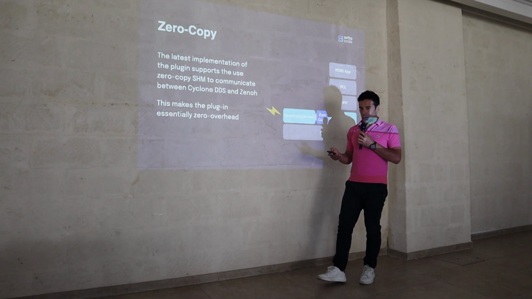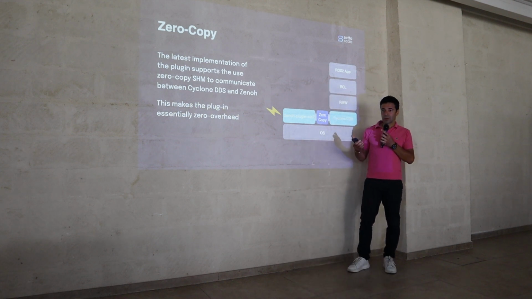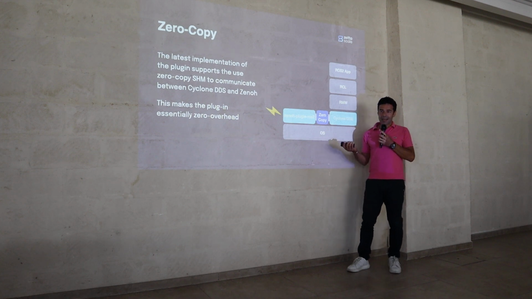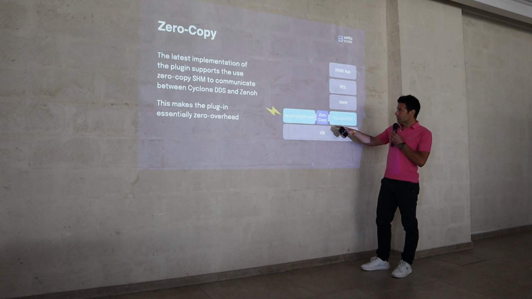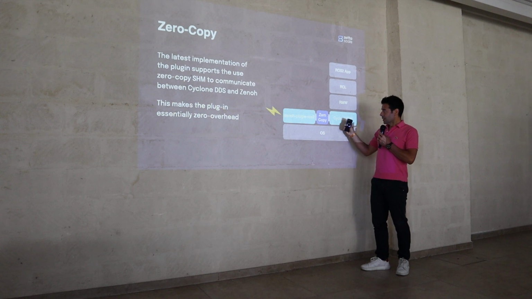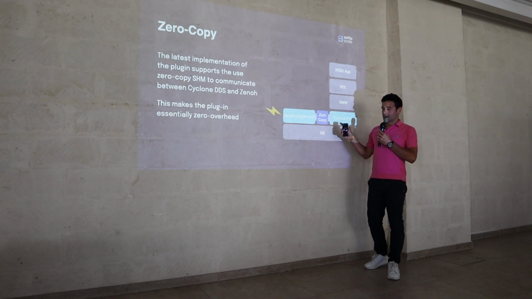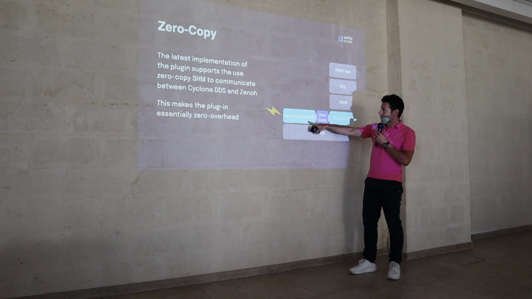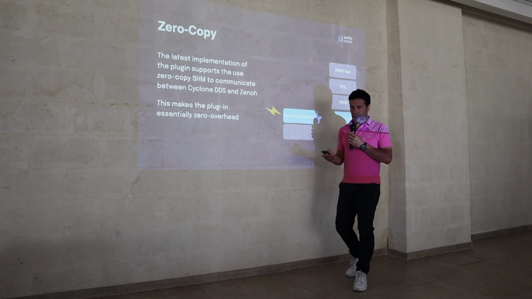And so, in order to provide you the ability of, first of all, reducing the latency when you are sharing large data, suppose you are sharing images from time to time, and reducing the processing time, we've introduced a zero-copy optimization between Cyclone and the ROS plugin. So now, whenever you enable zero-copy, there is in fact zero overhead when using Zenoh for R2X and receiving data from DDS, which is quite nice.